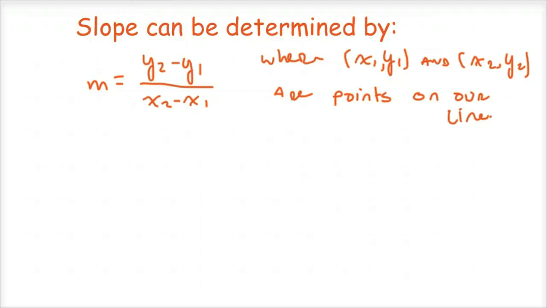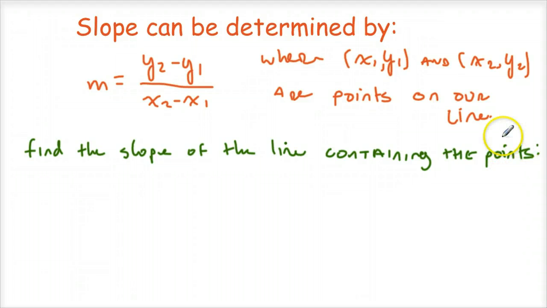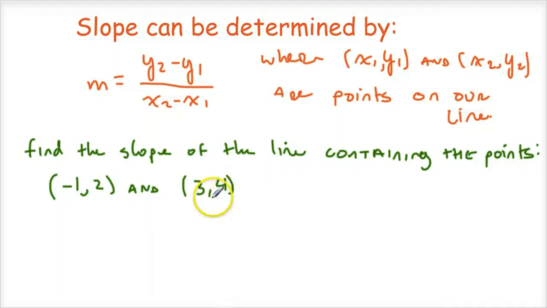So if we want to do a couple examples here, let's say find the slope of the line containing or through the points, and we'll do a couple examples here. Let's do one real quick. We'll do -1, 2, and 3, 4.